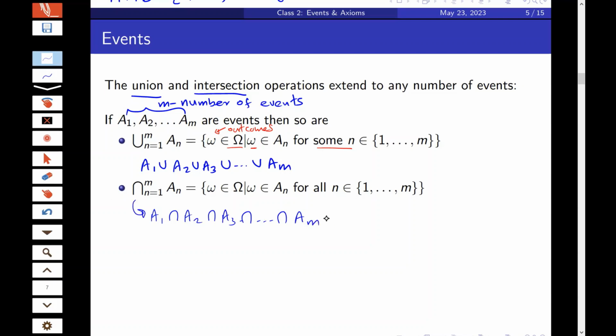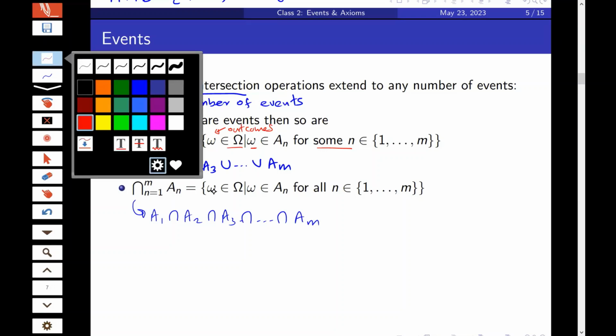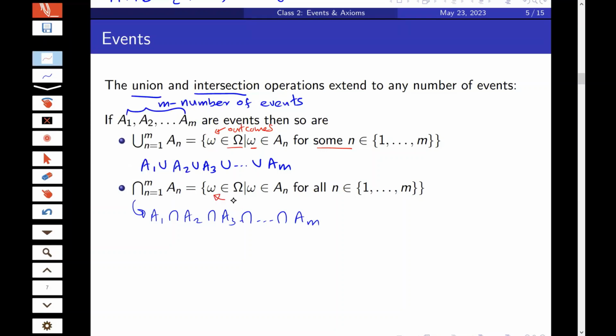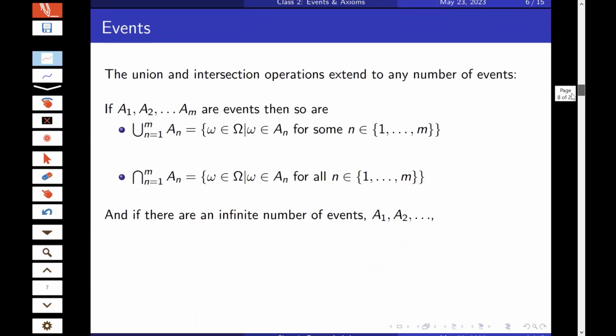This is the same as the outcomes in the sample space such that omega is in all of these M events. So omega should stay in all M events. That's how we extend this to M events.